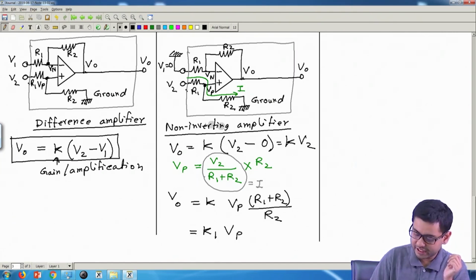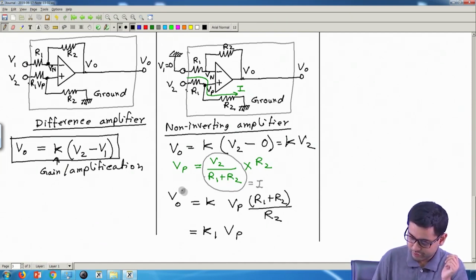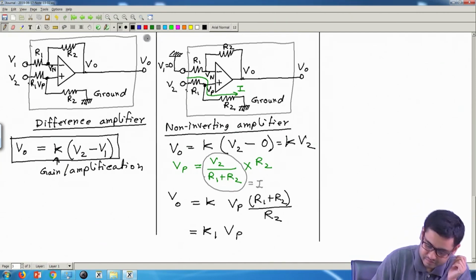So in this circuit we therefore have first attenuation.